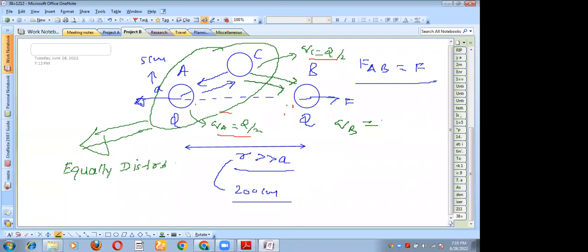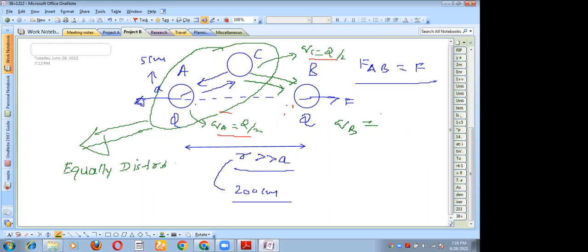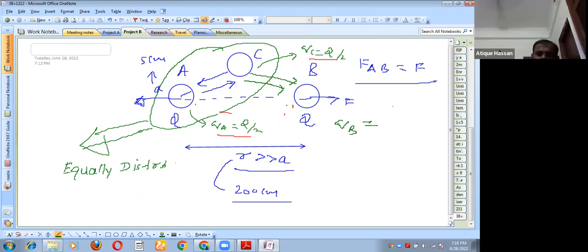3Q by 2. Pardon? How much value did you say? 3Q by 4. Correct. 3Q by 4. Equal distribution means it should be half, so it should be Q by 2 plus Q, divided by 2.